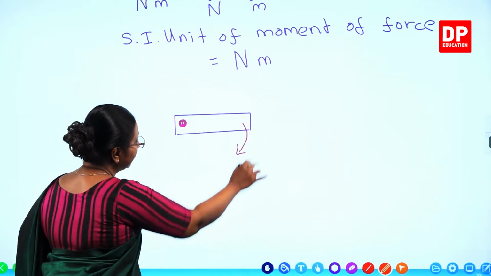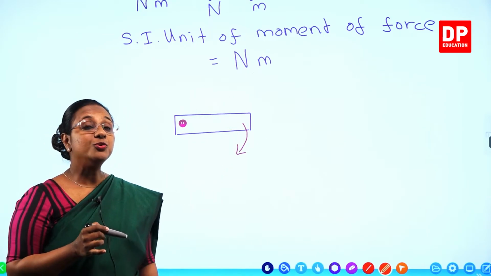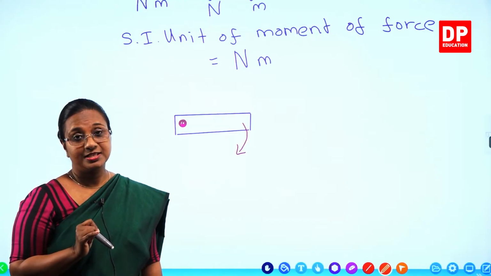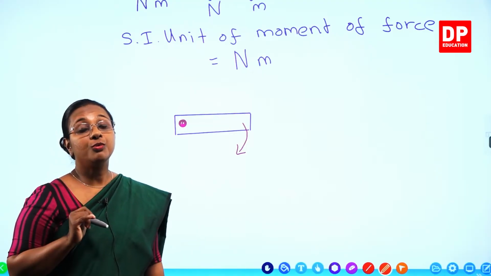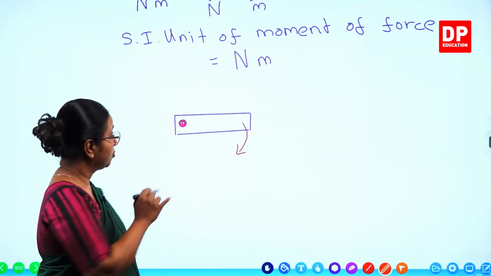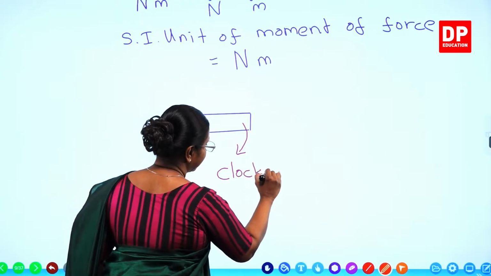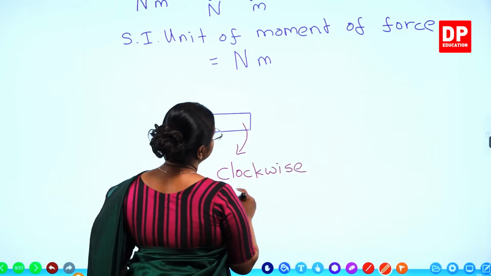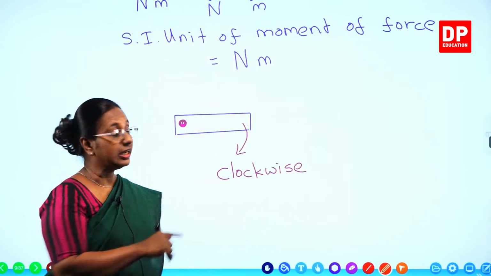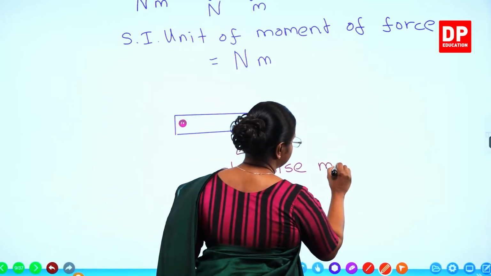It's going to move in this direction. What do we call that direction? It is the clockwise direction. So if it moves this way, it's going to be the clockwise direction. Because of that, we are going to call it the clockwise moment.